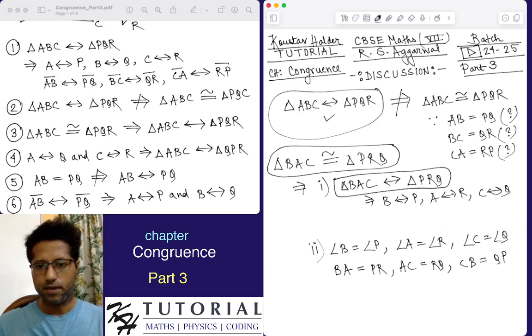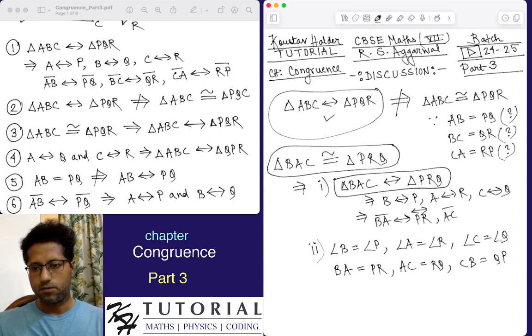Now in the first one, the automatic implication of the correspondence also implies that the side BA is mapped to side PR, the side AC is mapped to side RQ, and CB is mapped to QP.